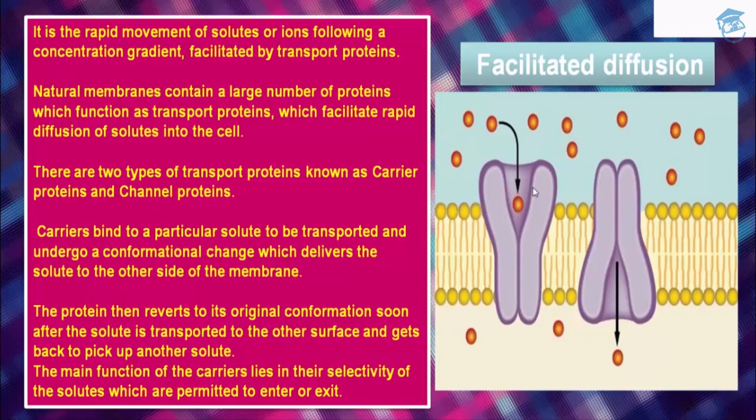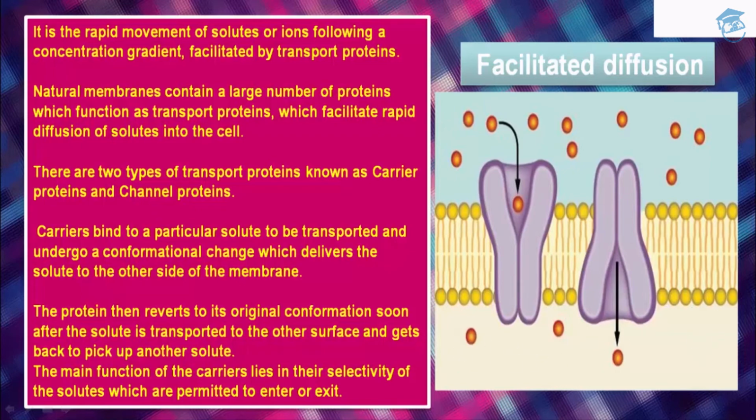Okay, so this is your carrier protein because it is taking the solute and binding the solute to itself, and it is undergoing a conformational change, and then it delivers the solute to the other part of the membrane.